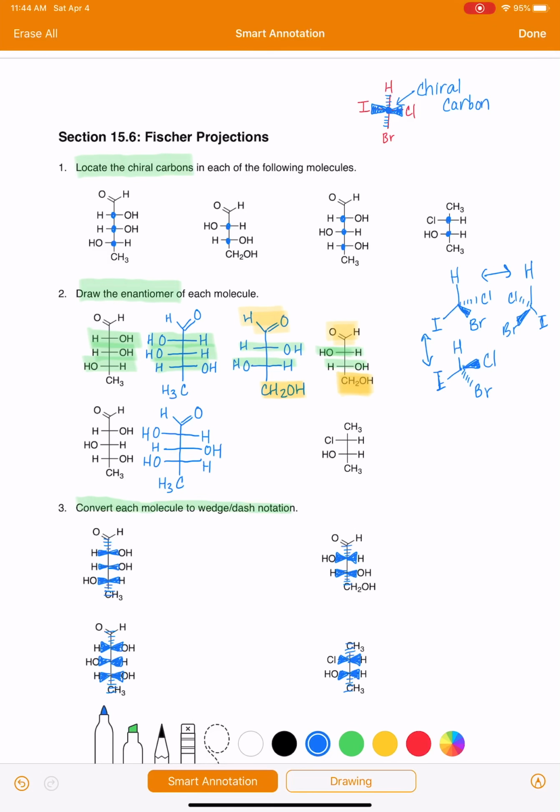And then when we look at some of the problems on Sapling, I think that we'll see that some of them are using this option of not mirror imaging the very top and bottom. And we'll talk about it a little bit more there. But again, you can always do 100% mirror imaging. That is never wrong.